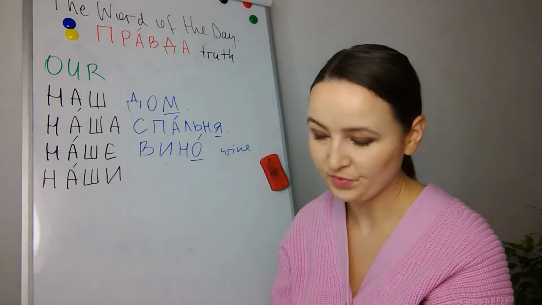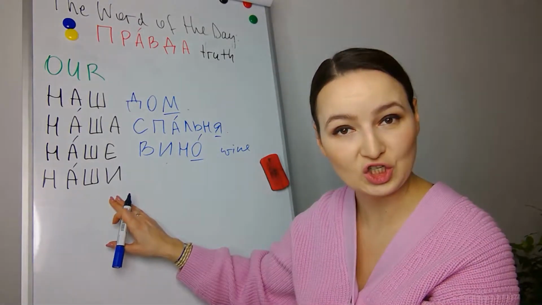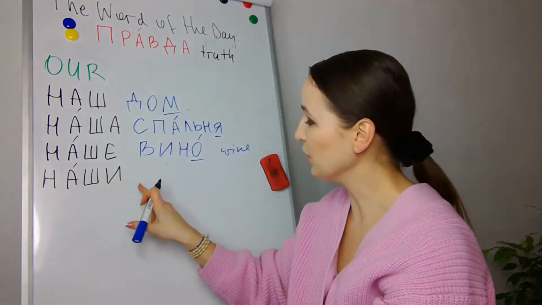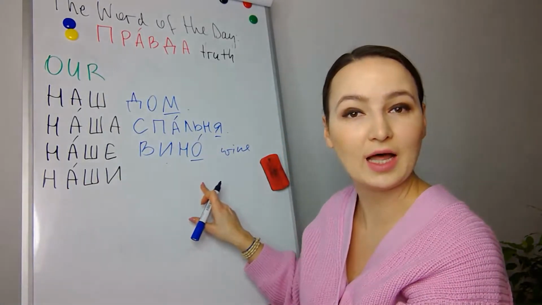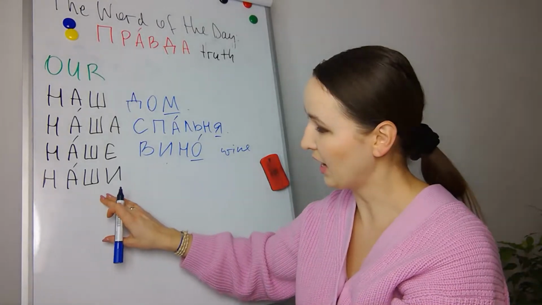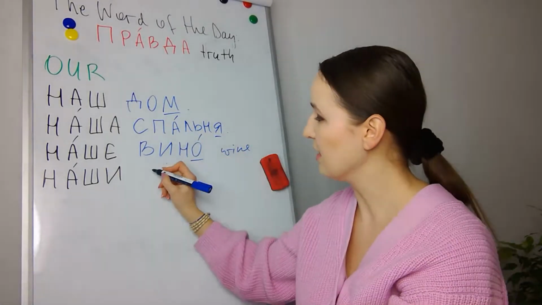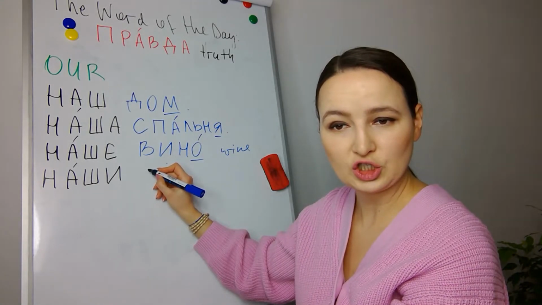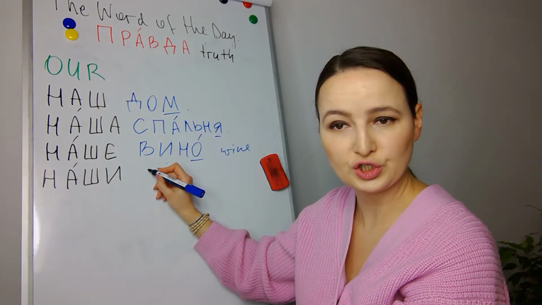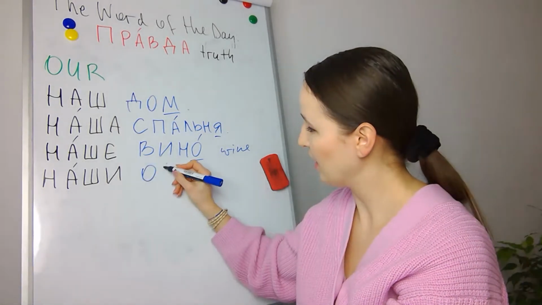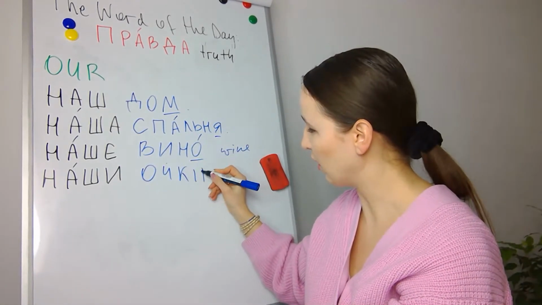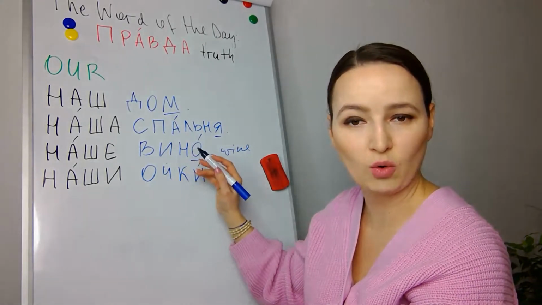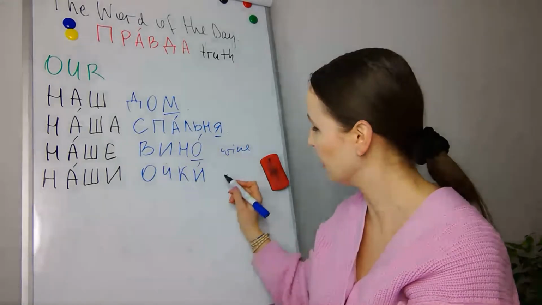Наше вино. And the last one is наши, plural. Our in plural. So it should be followed by a noun in plural. Наши очки. Очки, eyeglasses. Our eyeglasses. It doesn't matter, sunglasses or eyeglasses, очки for everything.